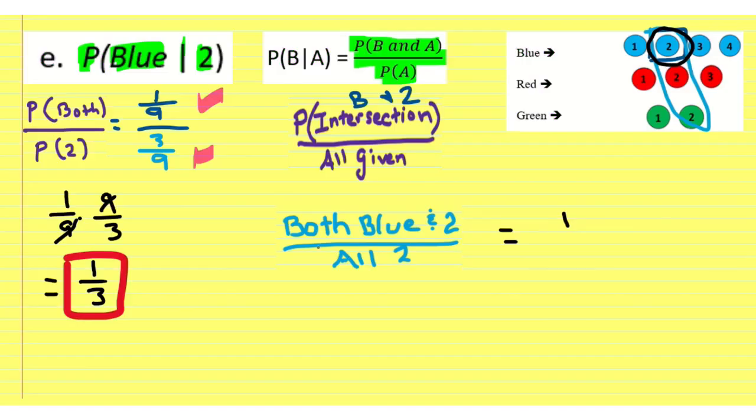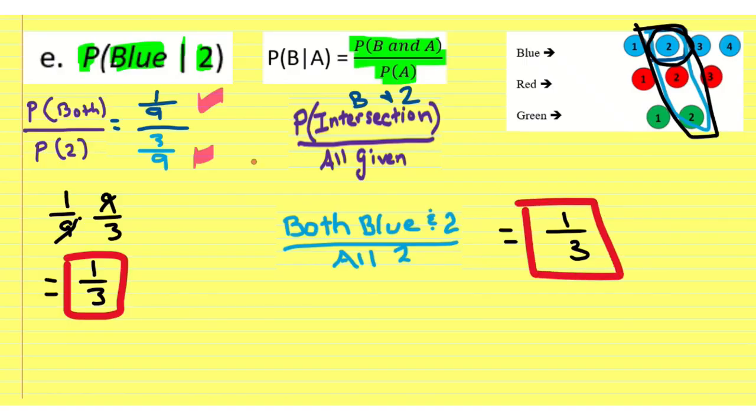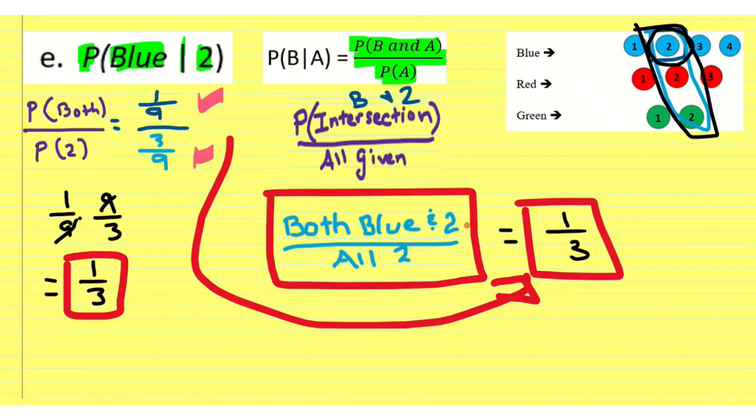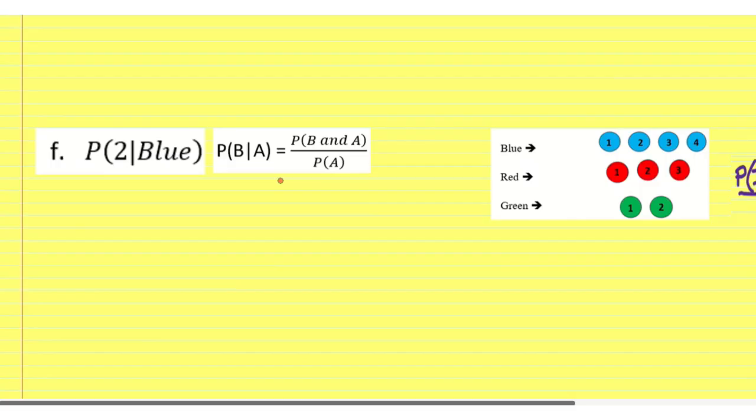So one of those and all of the 2s. And of course, all of the 2s was 3. So there you go, 1/3. So we can shortcut straight to the 1/3 and just save some time here. So we can go straight here by just considering both blue and 2 divided by all of the 2, and you get 1/3. Okay, let's go to the next one.